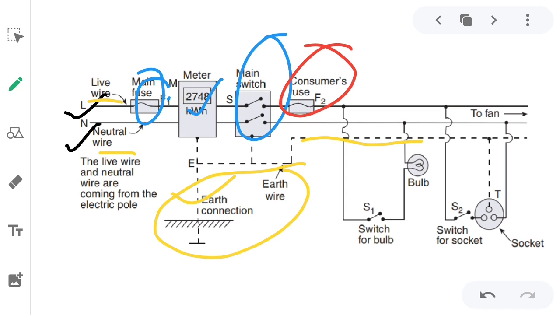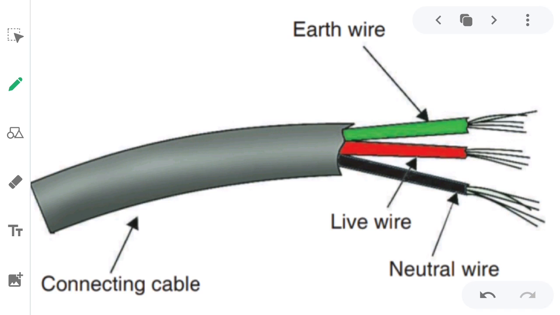This connection is used to protect our electrical appliances. How it helps us to protect our electrical appliances, that we will see further. Okay, here you can see all those three wires: the earth wire, the live wire and the neutral wire. About the earth wire we will study later. Here we will talk only about the neutral wire and live wire which came from the pole to our home.